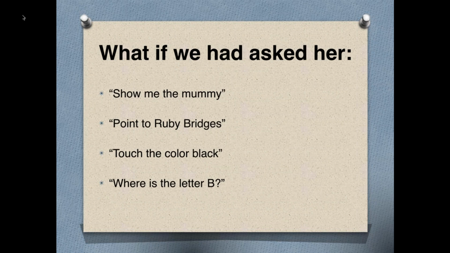There's similarities and there's differences, and she can find all kinds of similarities and differences between her life and those of others. But imagine if we had instead put some pictures in front of her and said, your way of participating in the curriculum is show me the mummy, show me the pyramid, show me Ruby Bridges, or point to Ruby Bridges, to Martin Luther King, or touch the color black, touch the color white, or show me, where's the letter B?